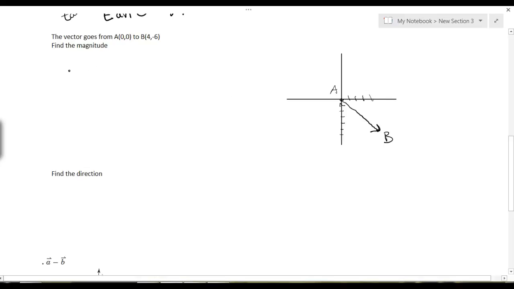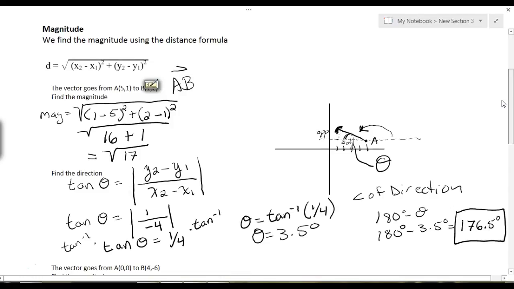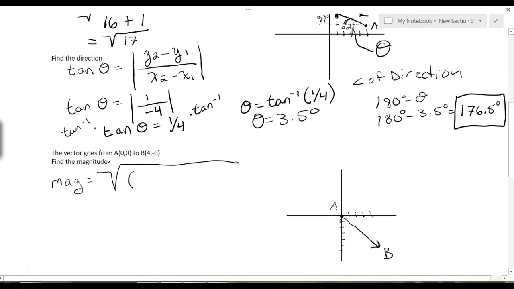So let's go ahead and find the magnitude. Again, we're using our distance formula for the magnitude. So magnitude equals the square root of, and let's scroll back up so you can remember what that is, x2 minus x1 squared plus y2 minus y1 squared. So this one is kind of interesting because both of my y2 and my x2 are 0.